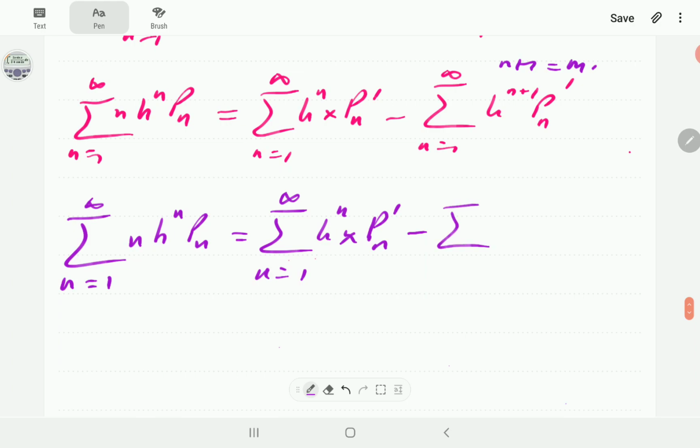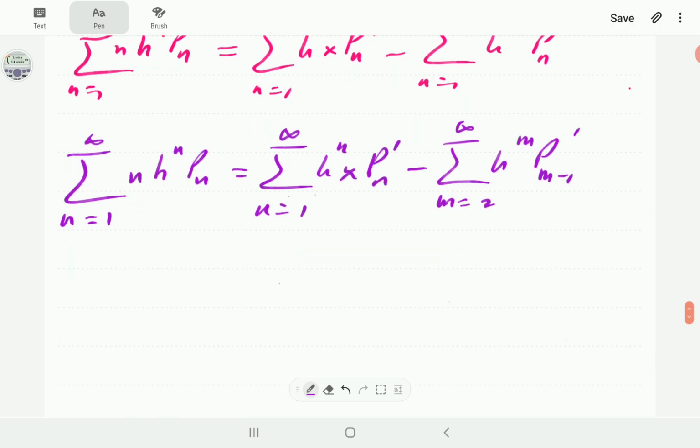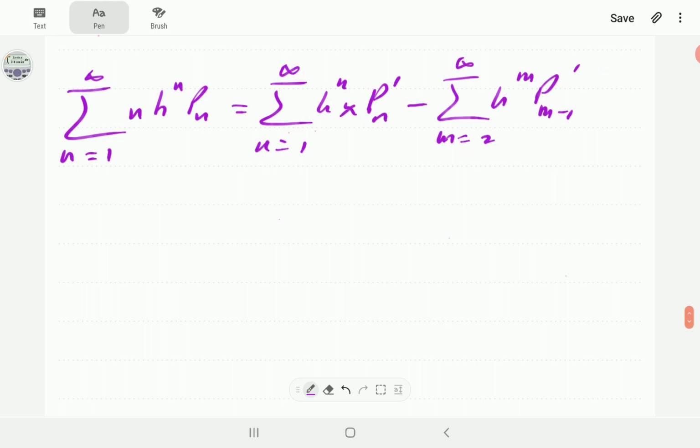And then this one, we're now going to be writing it in terms of the dummy variable m. So h to the power m, Pn becomes Pm minus 1 prime. When n is 1, m is 2. So then again, we are going to need to equate the lower summation limit.